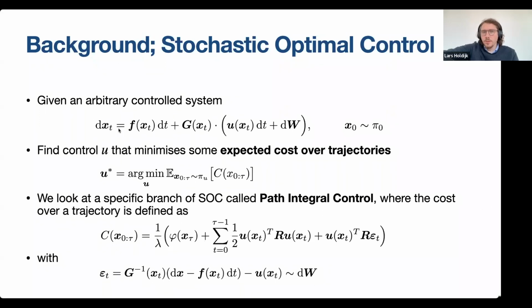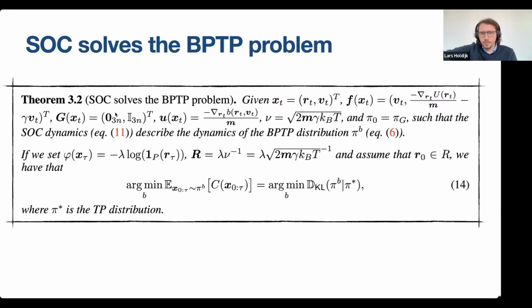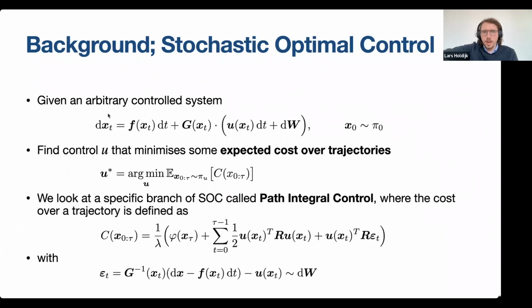We're looking at this specific branch because it gives us a direct connection between solutions to this problem, finding the control U that minimizes this expected cost, and the transition path problem that we looked at before. Let me back up for a second.